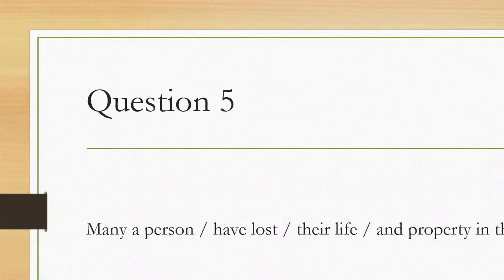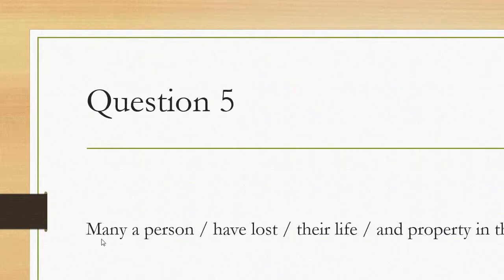Now the error is, again I told you, many a is an expression in English that is always singular, right? So many a person has lost, because person is singular and persons is plural. Okay, so many a person needs to be singular, and it has to take a singular auxiliary verb.